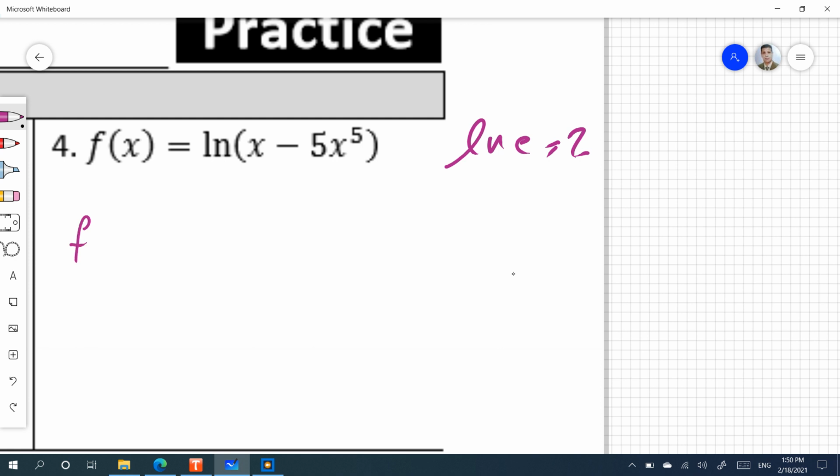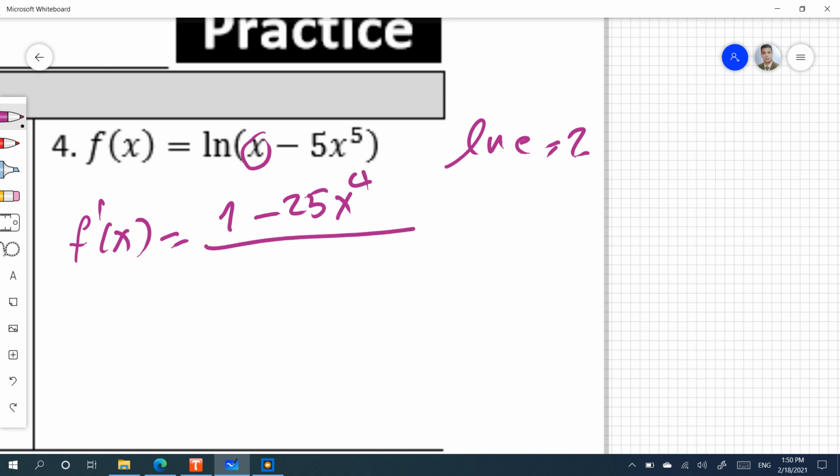Therefore the derivative of this function equals the derivative of the base, the derivative of x equals 1, minus 25x to the power 4, and in the denominator the function itself, x minus 5x to the power 5, and this is the derivative of this function.